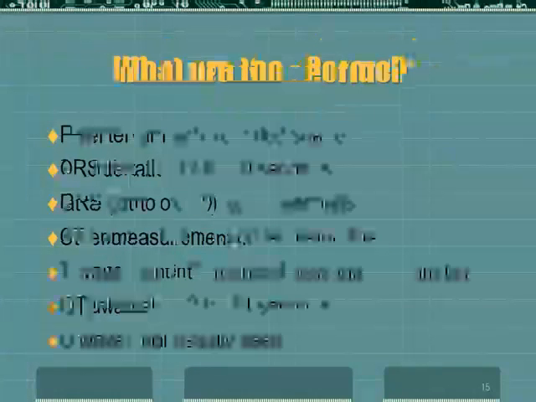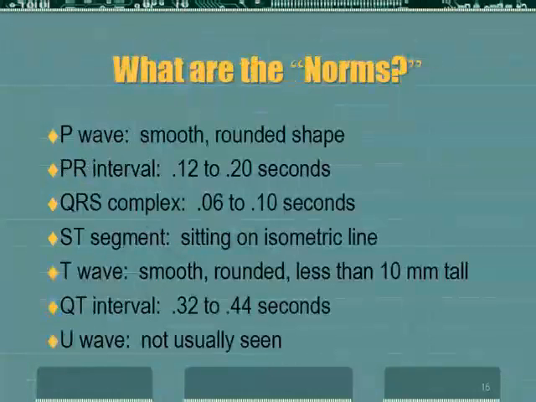Here are normal values for all of those things. The P wave should be smooth, rounded, upright. The PR interval should be 0.12 to 0.20 seconds. The QRS complex should measure 0.06 to 0.10 seconds. The ST segment should sit on the isoelectric line. The T wave should be smooth, upright, rounded, and less than 10 millimeters tall.